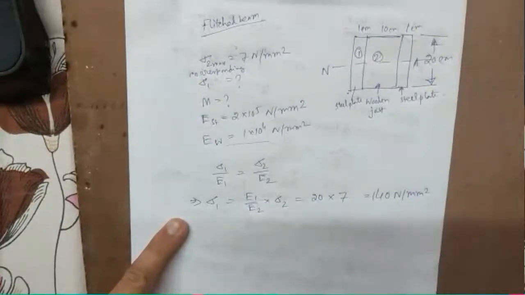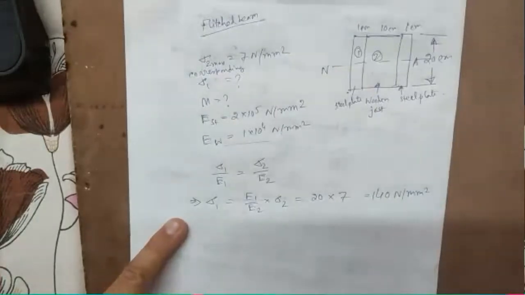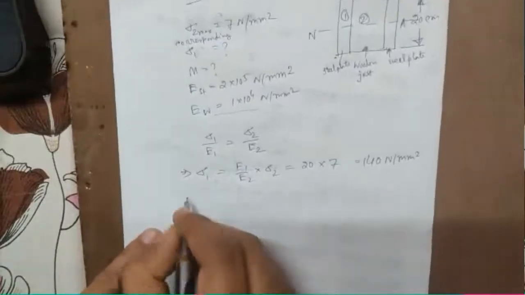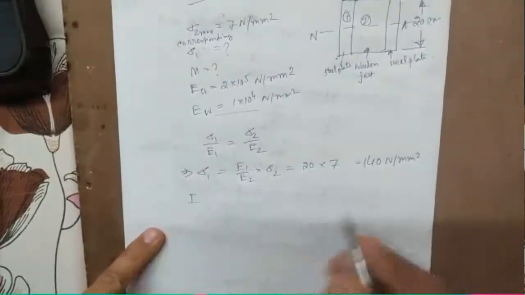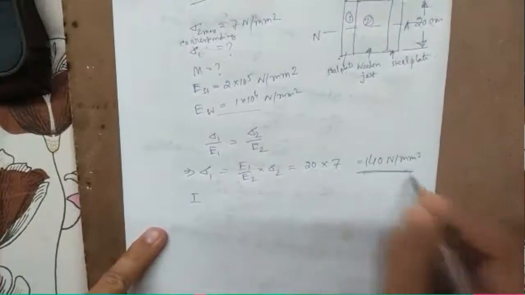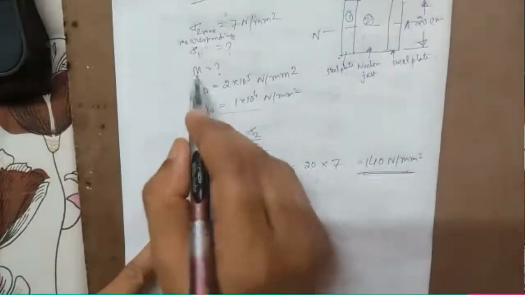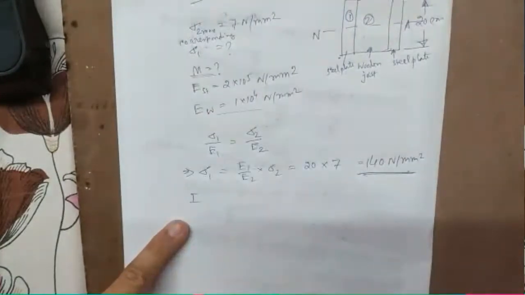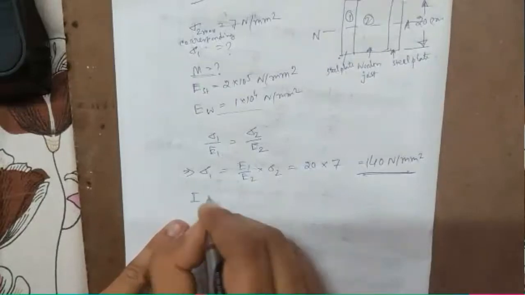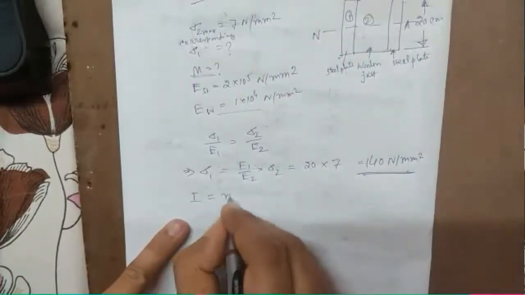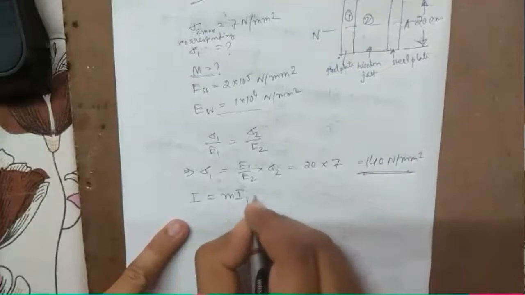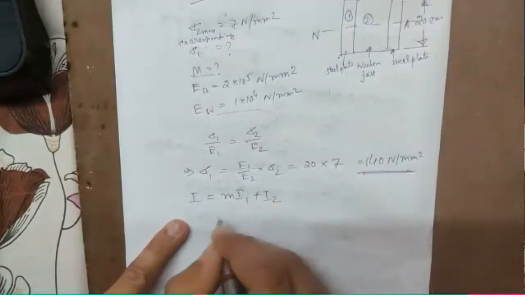Okay. Now if we go for the second problem, then we can use the formula. So this is our answer number 1. Now answer number 2, we have to find the total moment of resistance. For that we can find out equivalent moment of inertia that we have discussed earlier, m into I1 plus I2.